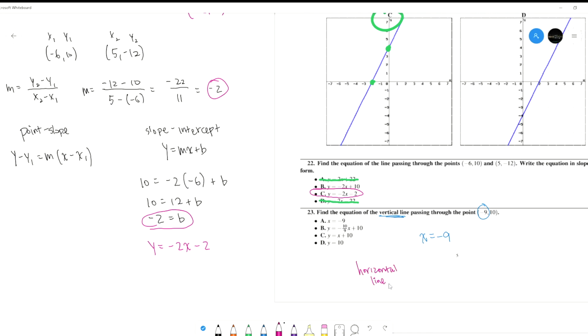Does anyone know? Horizontal line would be the y coordinate. y is equal to 10. Vertical line is x is equal to -9, sorry. So it's A. You do have to know both of them because they can test you on either one.